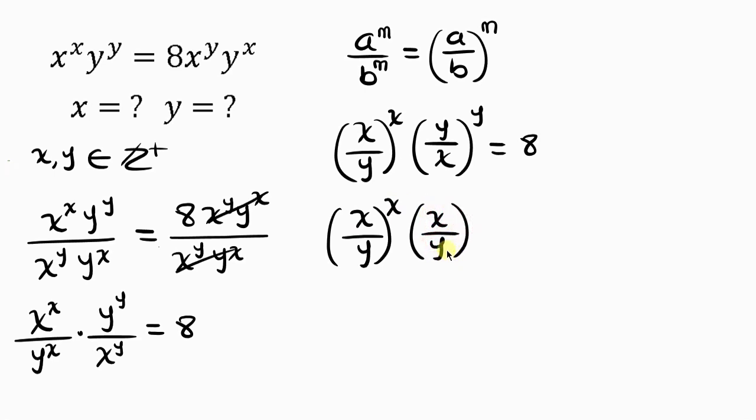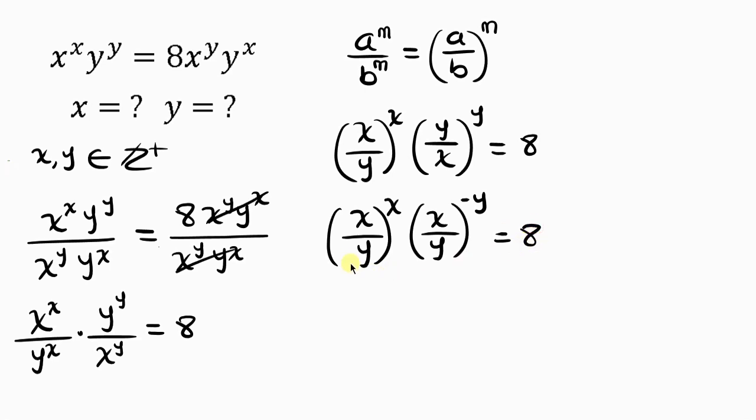But you know, we don't just flip positions. What we do when we flip position is to change the sign of the exponent. The sign of the exponent here was positive, but now we're going to be changing it to negative. So it will be negative y. So this validates flipping the positions of x and y, equal to 8.